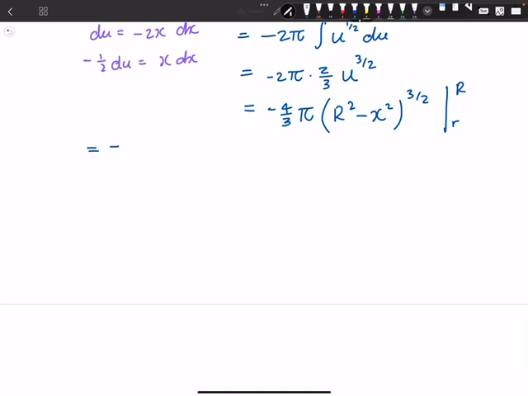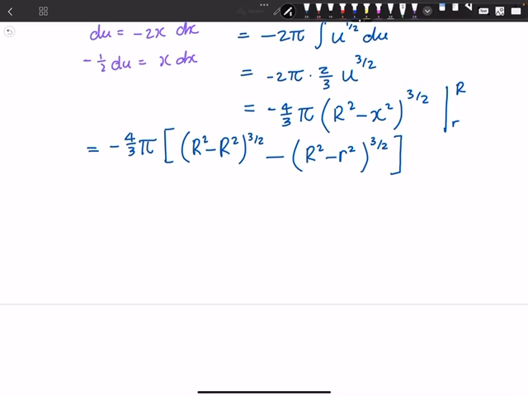So this is equal to negative 4/3 pi. All right, if we plug in the top, we're going to get big R squared minus big R squared, to the power 3/2, minus, plug in the bottom, I get big R squared minus little r squared raised to the power 3/2.